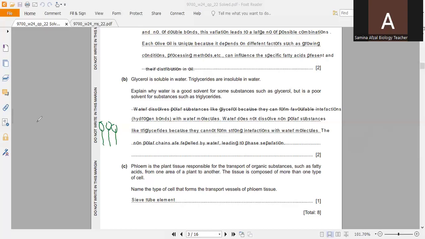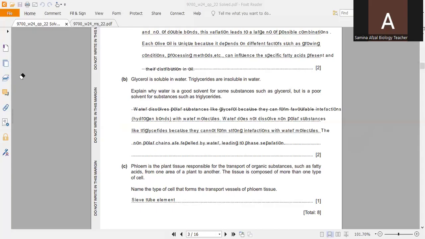So phloem is the plant tissue responsible for the transport of organic substances such as fatty acids from one area of a plant to another. The tissue is composed of more than one type of cell. So you can see the name of the type of cell that forms the transport vessel of phloem tissue.